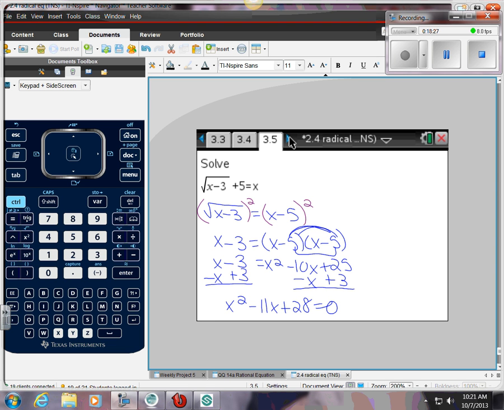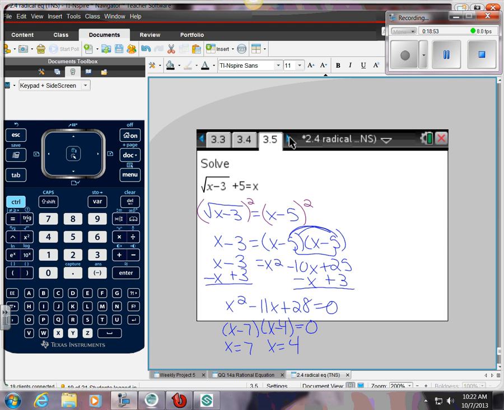Do we need to slow down? Okay, slowing down. Okay, now what? Factor how? It's -7, -4. So x minus 7, x minus 4 equals 0. So I get x equals 7, x equals 4.